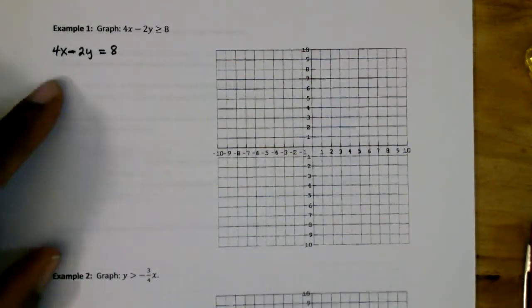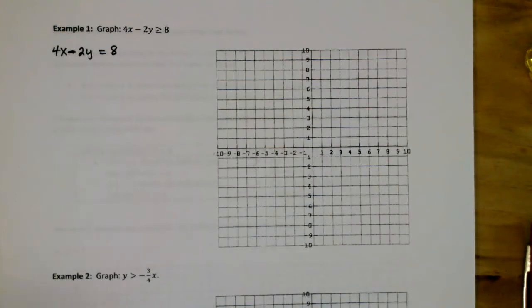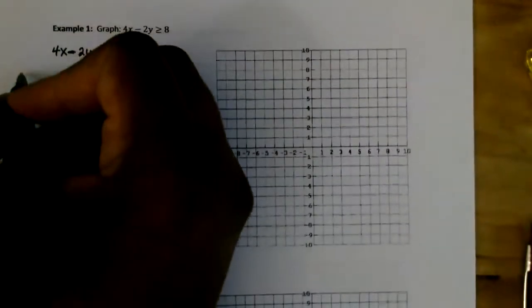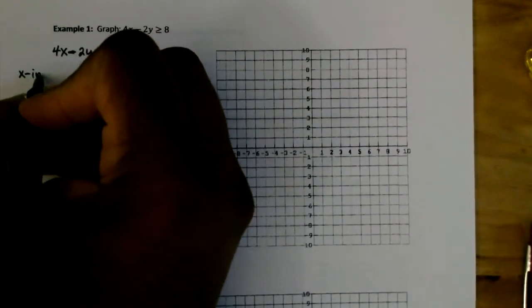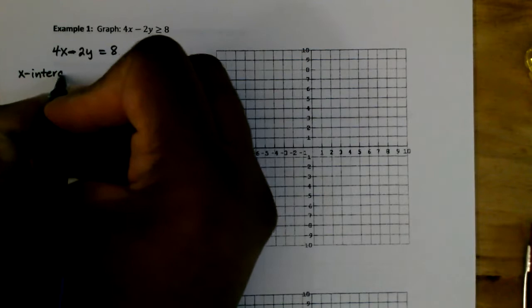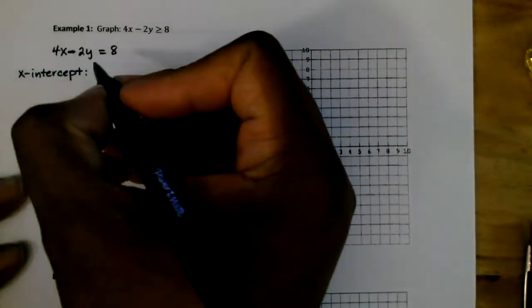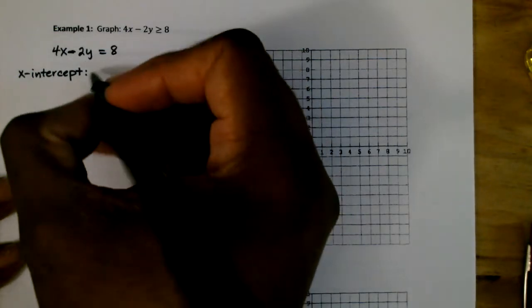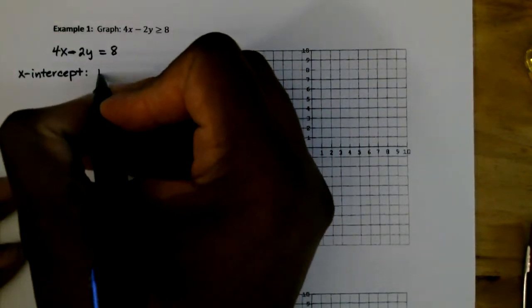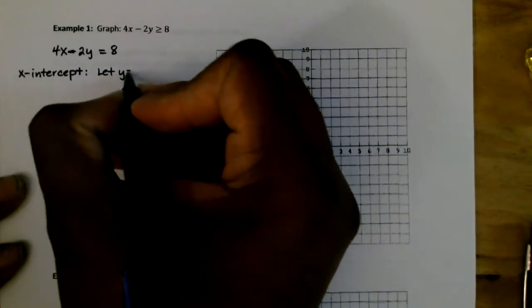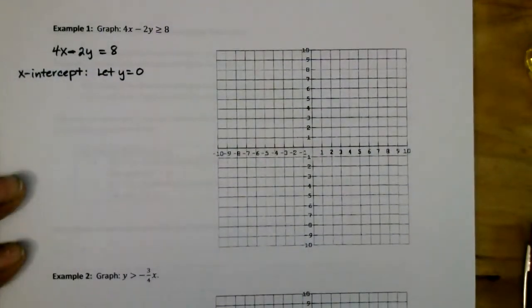Notice that the x and the y are on one side of the equation, and the numerical term is on the other side. The way I would graph this would be by using what they call the x-intercept and the y-intercept. Here's how we find the x-intercept. In case your memory needs to be refreshed, anytime you find the x-intercept, you let y equal 0 and solve for x.